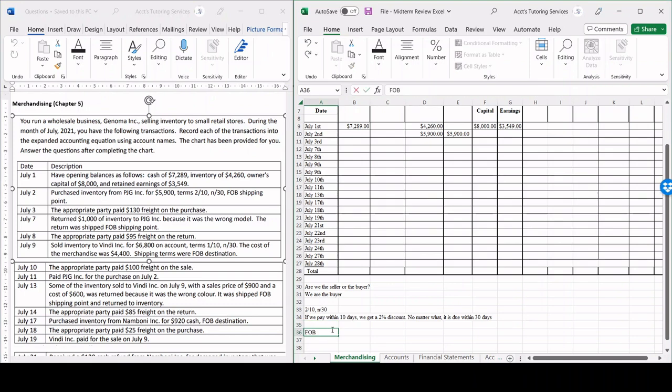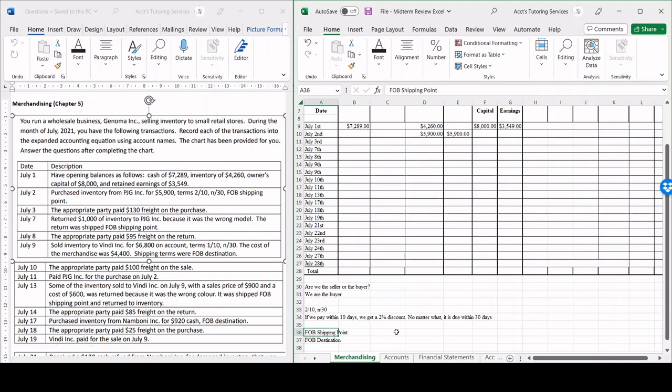Okay, next we want to focus on FOB shipping point. There's FOB shipping point and FOB destination. This is a review from the chapter 5 tutorials, but quickly to recap it. FOB shipping point means that legal title exchanges hands when the seller ships it from their warehouse at the shipping point. That means during transportation, it's in the buyer's possession.